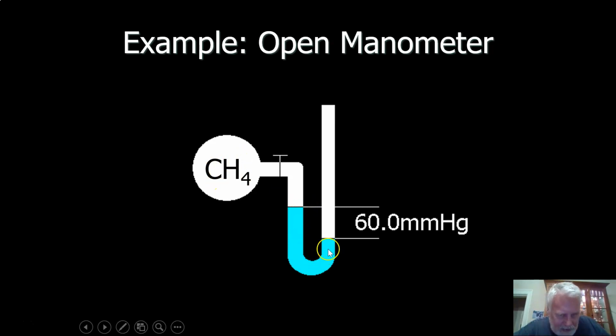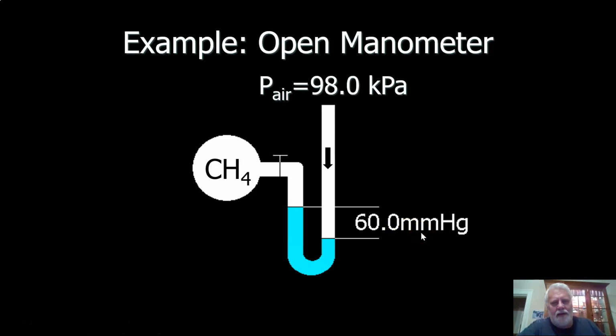So the way that you draw this, and you have to darken that in so I know where the mercury is too. You can't just draw lines all over that. It'll be very confusing. So darken it in. Show that you know where the mercury is. We know the formula, so you're going to put that in there. And then it's 60 millimeters of mercury higher on the one arm.